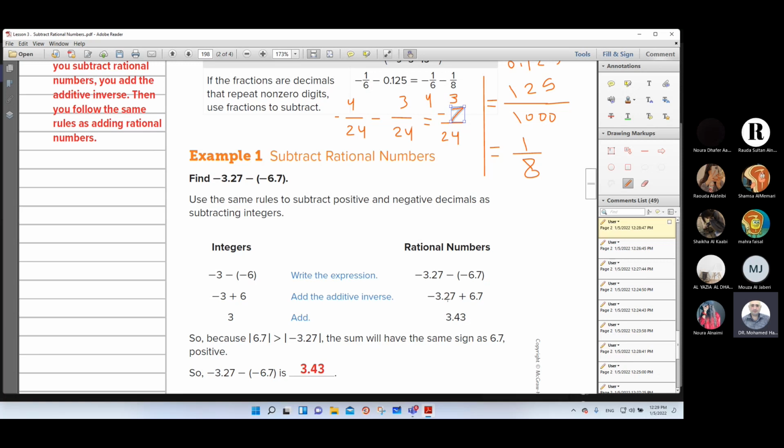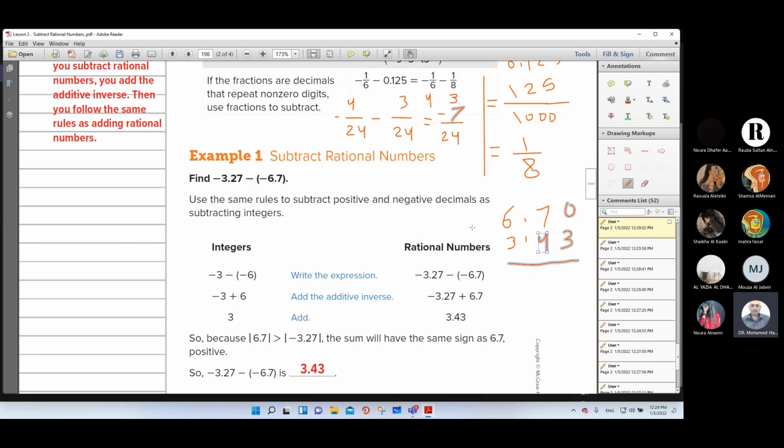How to do subtraction between the two numbers here? You can write here 6.7 with the point under the point, 3 under the whole number 6, and 4 tenths under tenths, and 3 here hundredths. Put here 0.